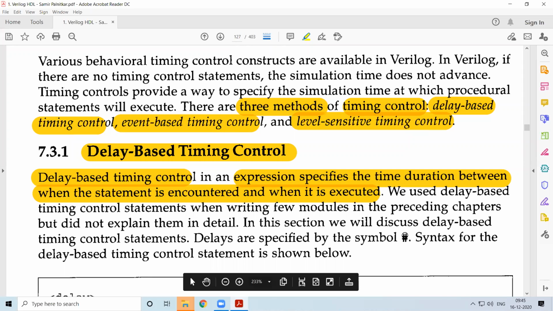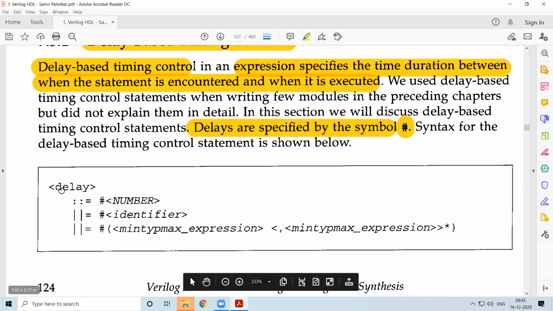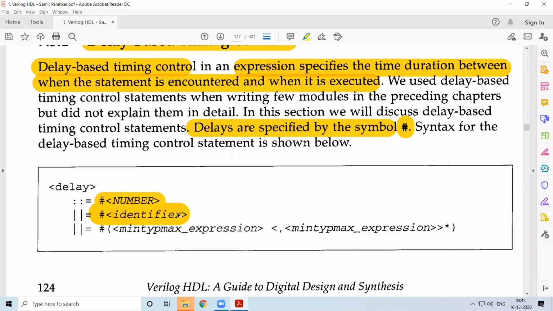For delay-based specification, we use the hash symbol, which is used for specifying the delays in the statements. We can have delay specified as hash a number value, hash an identifier, and hash with the min, typical, or max expression.